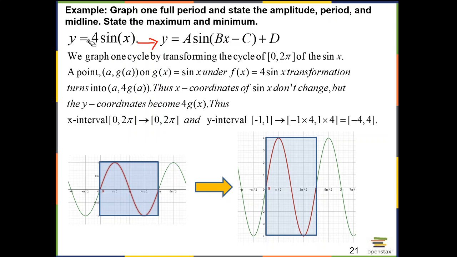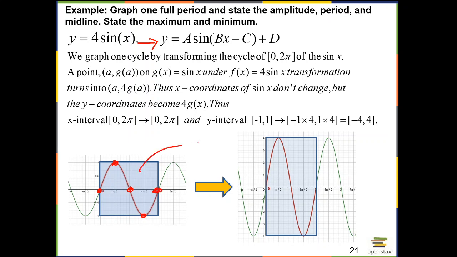So if we have a transformation of sine or cosine to graph, we're going to start with the original graph of one cycle of sine, whether it is regular sine or flipped sine. And then use transformations to see what happens to this rectangle and what happens to the 5 key points here.